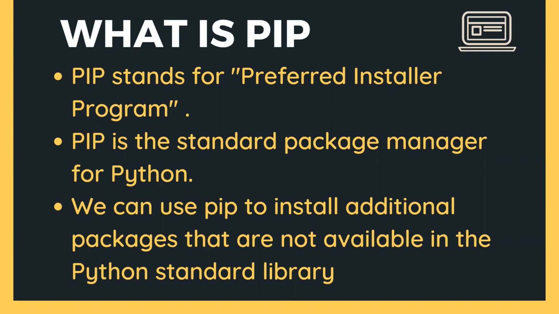Not only the Python language, other languages also have this kind of package manager tool. If you go to the JavaScript world, there is NPM, Node Package Manager. If you go to the Java world, there is Maven. Each and every language has its own package manager.